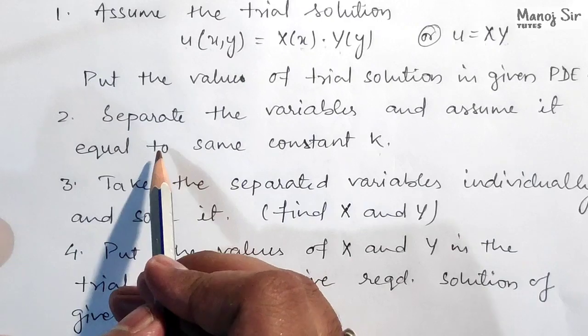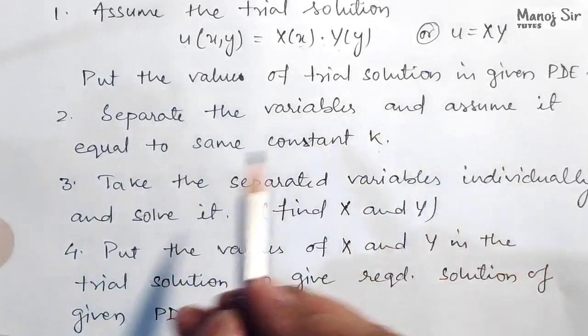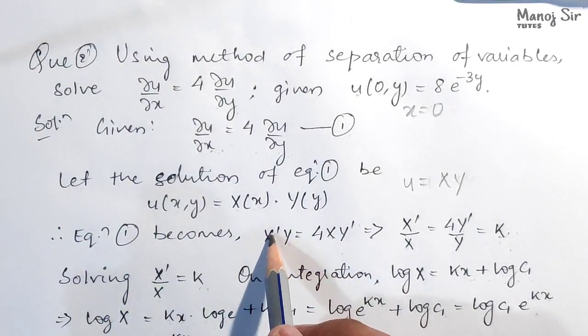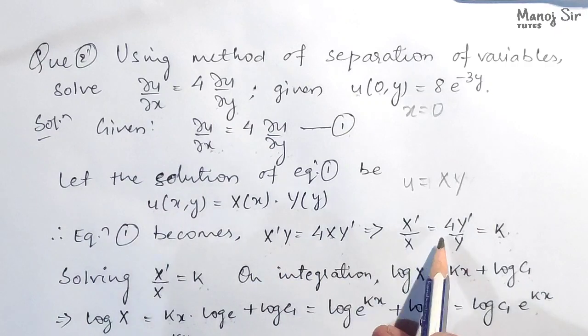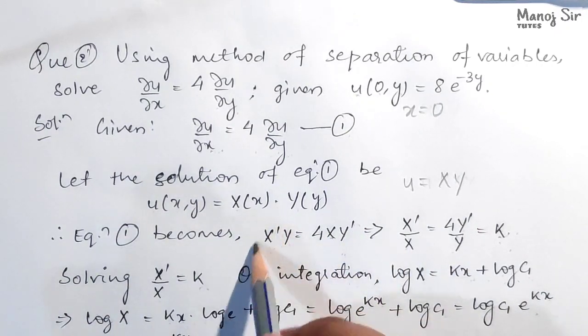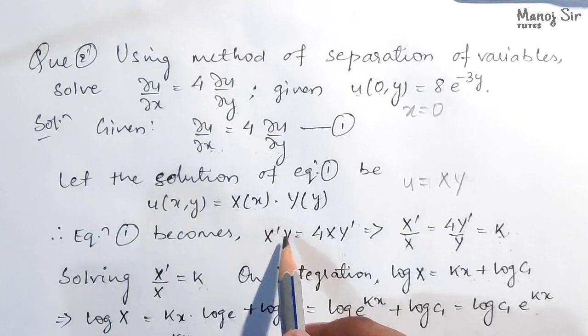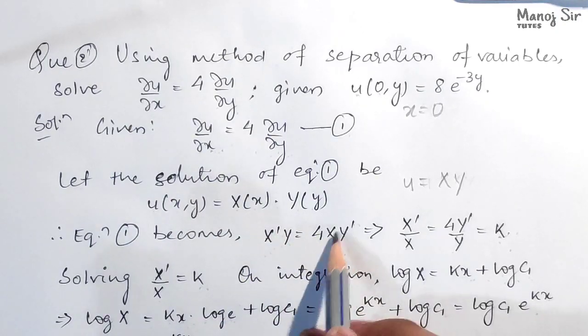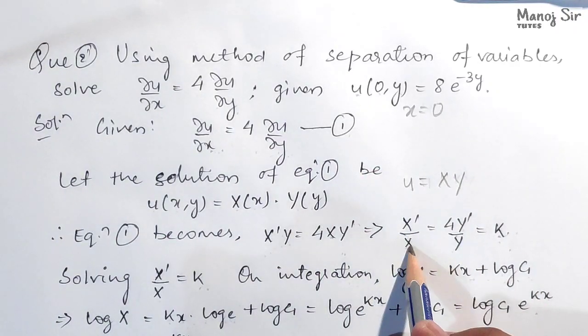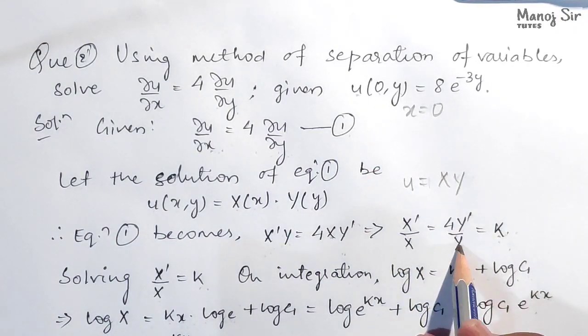Now separate the variables and assume it equals the same constant k. So X dash upon X equals 4 times Y dash upon Y. We keep X on the left hand side and the Y variable on the right hand side, that is separation of variables. So X dash upon X equals 4 times Y dash upon Y equals some constant k.